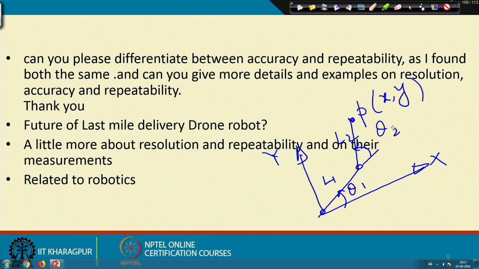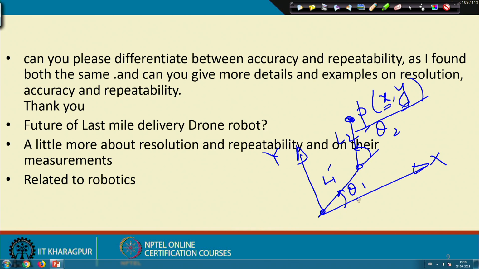Now, all the values of L1, L2, theta 1, theta 2 are given, so can you not find out the position, that is the coordinates x and y? The answer is yes. Now, suppose I have a 2 degrees of freedom serial manipulator and I am going to control it. I know L1 and L2, and with the help of 2 motors mounted at the 2 joints, I am going to generate theta 1 and theta 2 as accurately as possible.